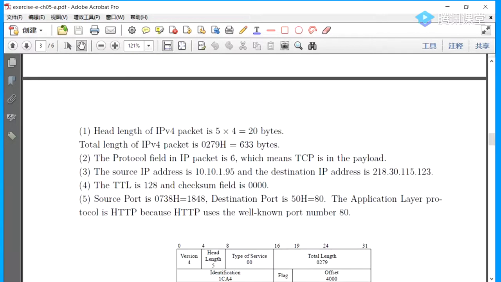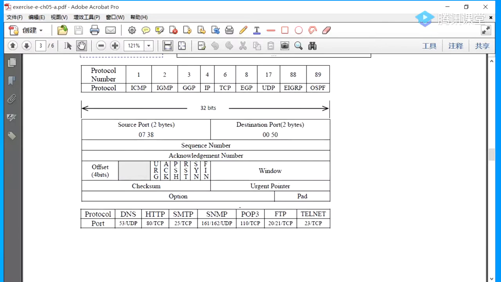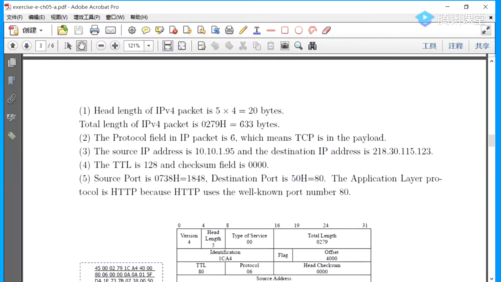So the source port is 0738 in hexadecimal notation, which equals 1848 in decimal notation.